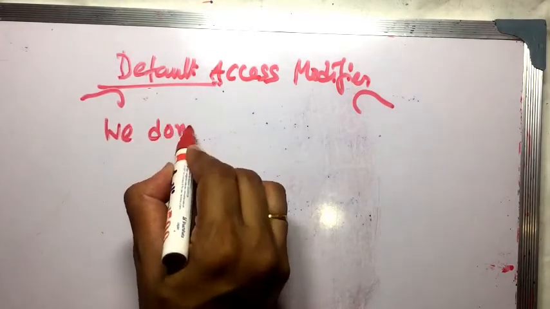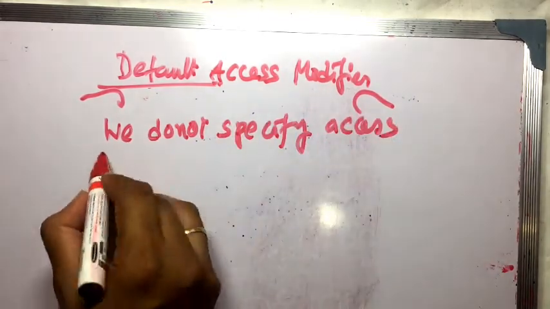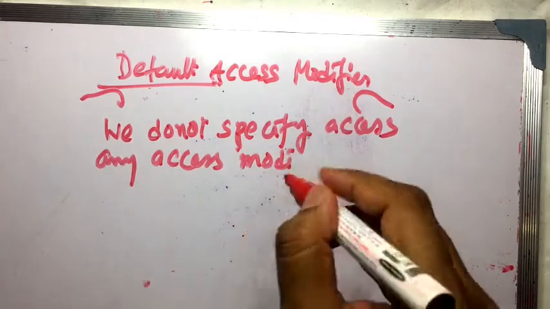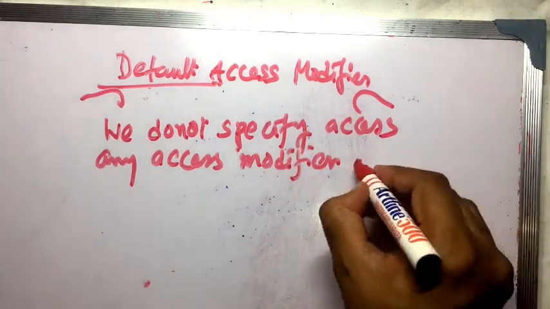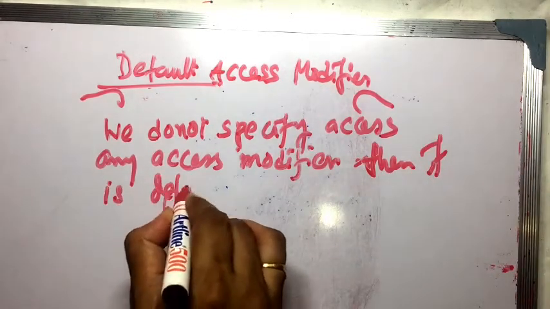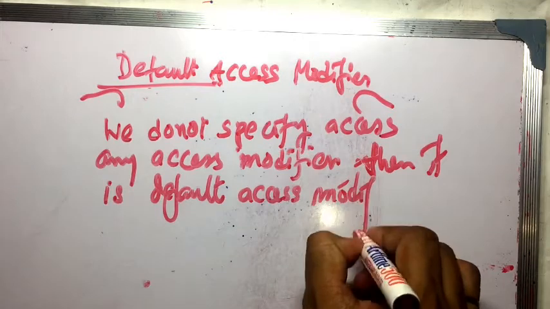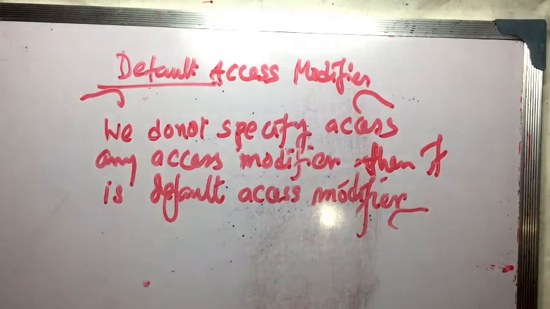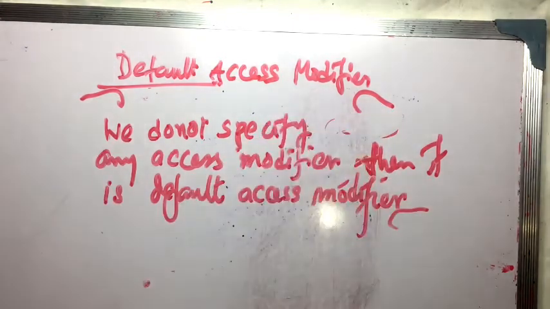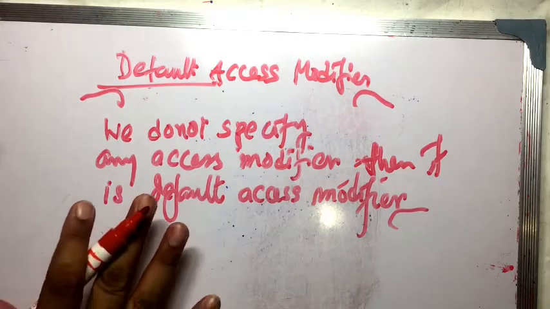When we do not specify any access modifier information, then it is called the default access modifier.